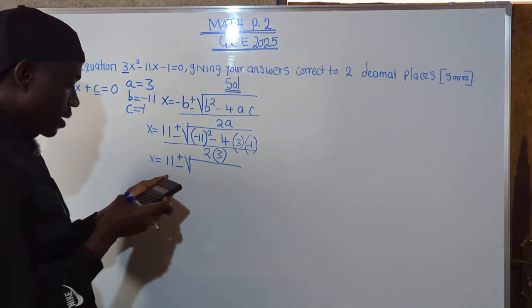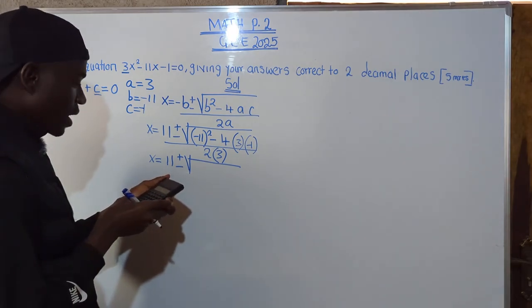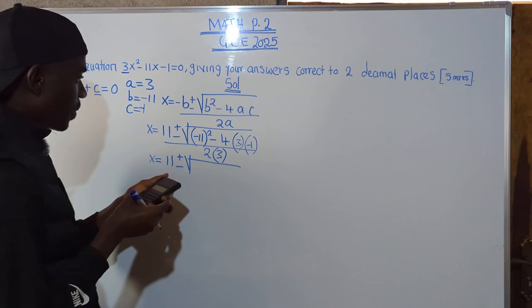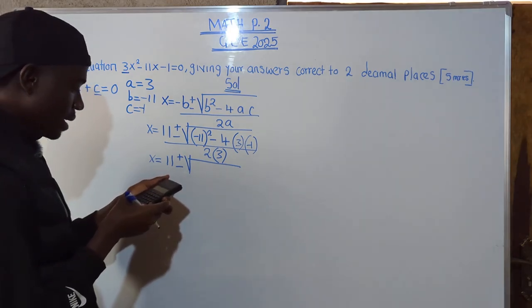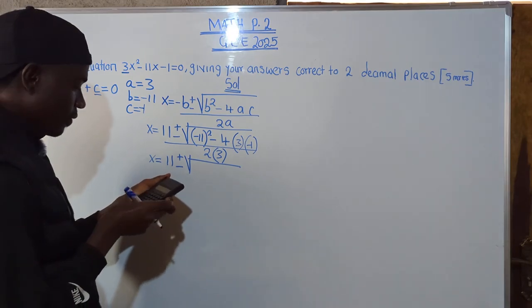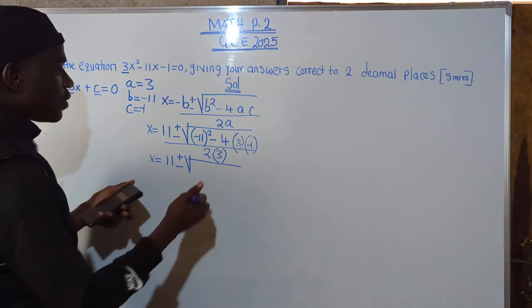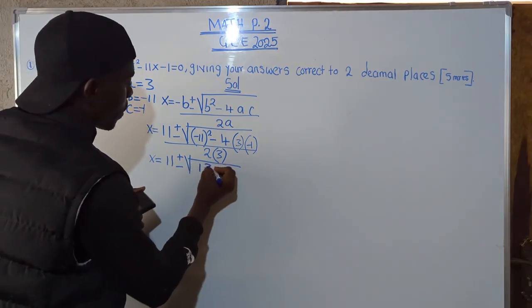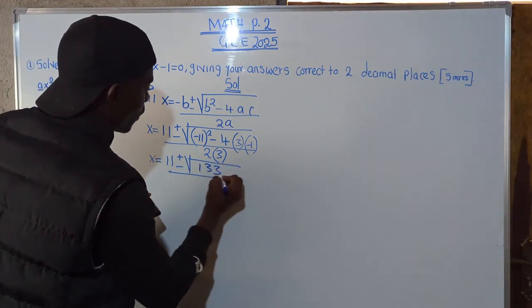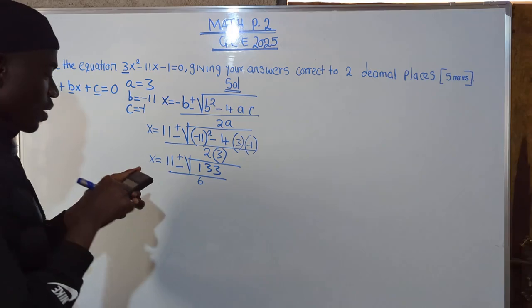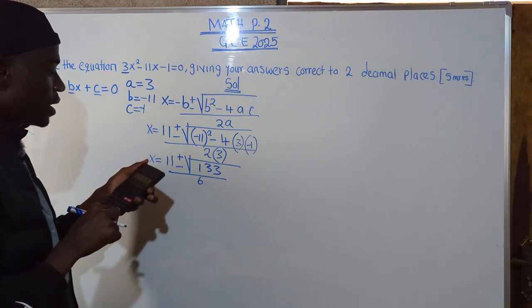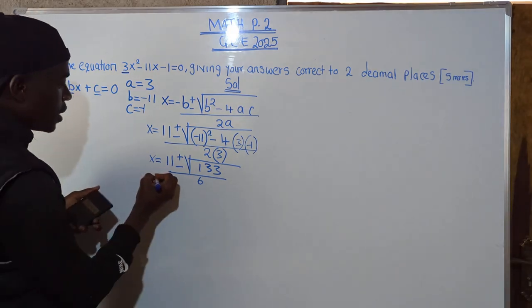So this is going to be the open bracket of negative 11 to the power 2 minus 4 open bracket 3 the negative 1. So I'm getting 133, you see? So you punch everything at once so that you are able to get a correct answer. So after I get 133, I can now find the square root of 133.